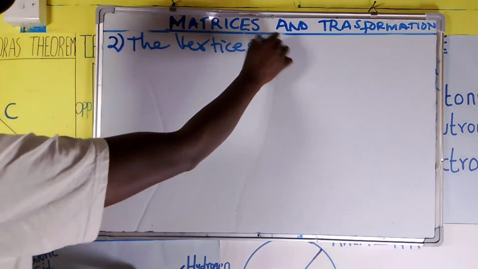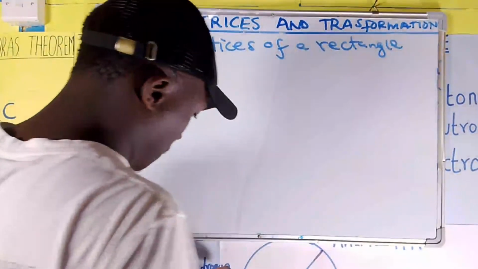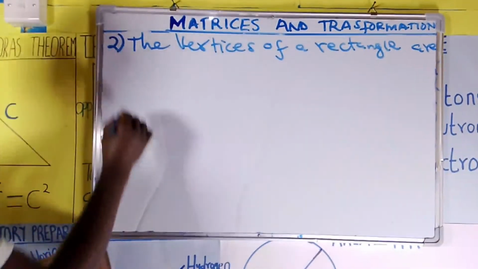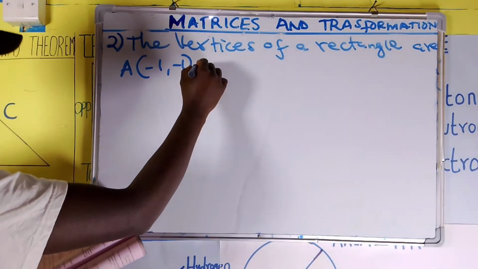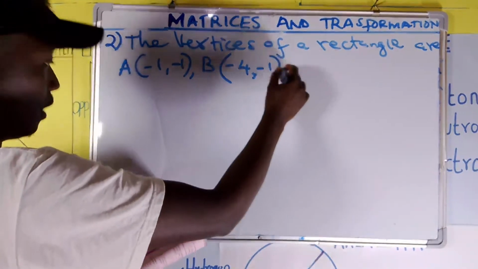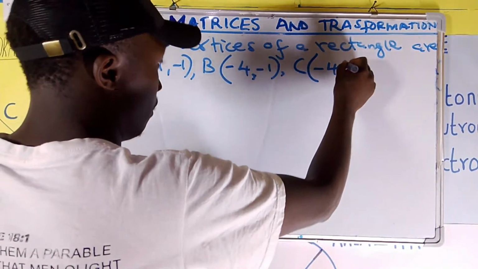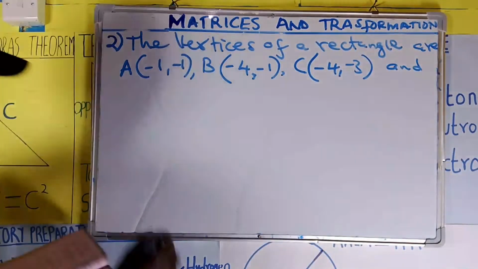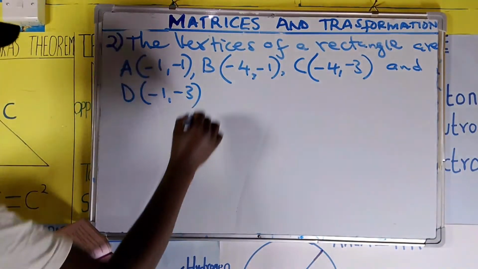The vertices of a rectangle are A, negative 1, negative 1, B, negative 4, negative 1, C, negative 4, negative 3, and D, negative 1, negative 3.